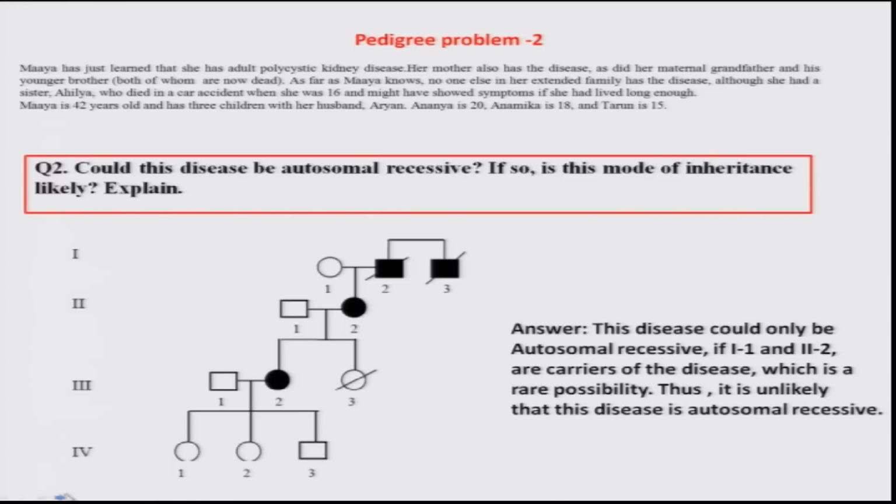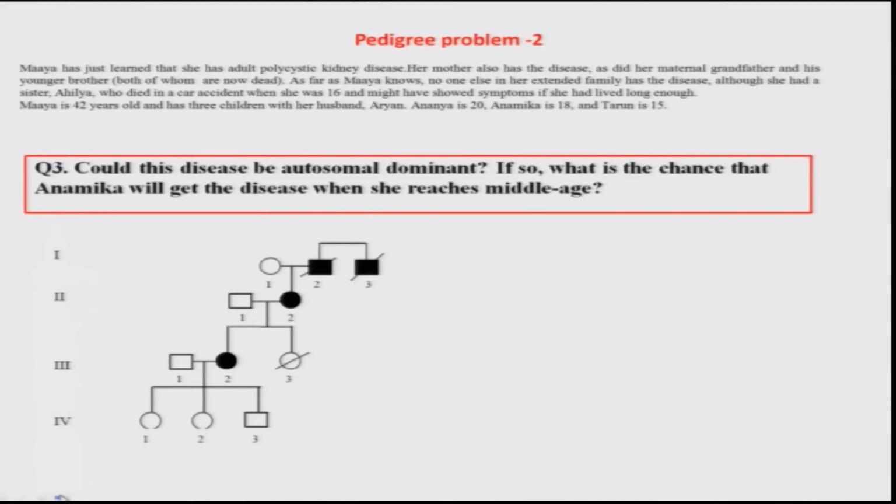Now, let us look into the third question. Could this disease be autosomal dominant? If so, what is the chance that Anamika will get the disease when she reaches middle age? Suppose the second daughter of Maya is Anamika, that is 4,2.